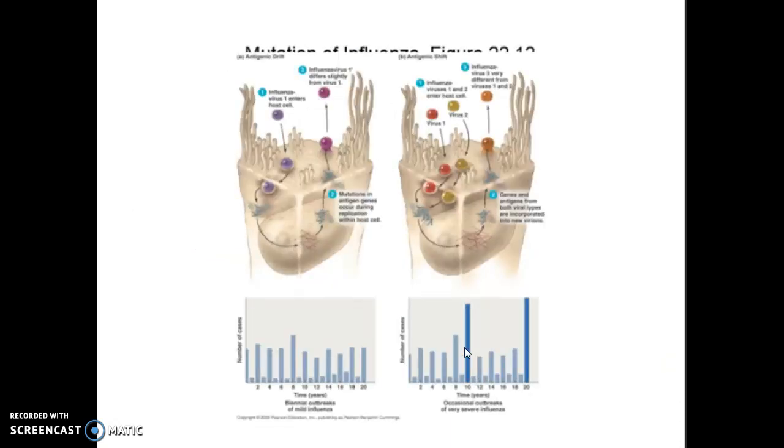All right, I like this version from a different textbook a little bit better. What it shows is genetic drift here, where you have this shade of purple or blue virus going into the cell, and there being some minor mutations while it's in this host, and then the new virus comes out, and it's just a slightly different shade of purple.